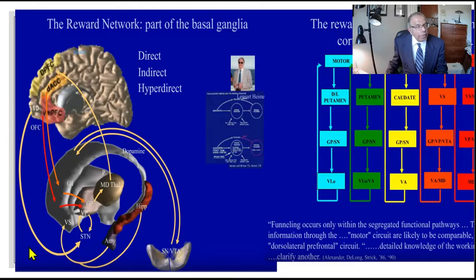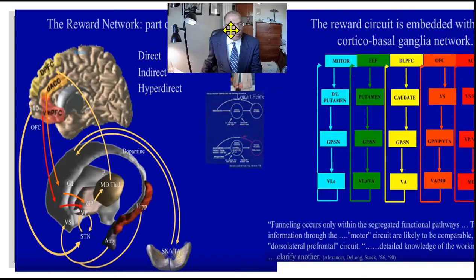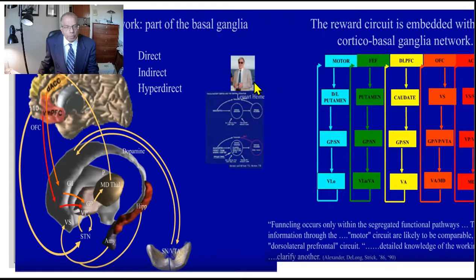These are the reward network that I talk about, and also the direct pathways and indirect pathways. To be precise, what he discovered is that we were originally taught basal ganglia as just a motor component of Parkinson's disease, but that was not the only thing going on in the basal ganglia. He discovered many other loops in addition to the motor loops.